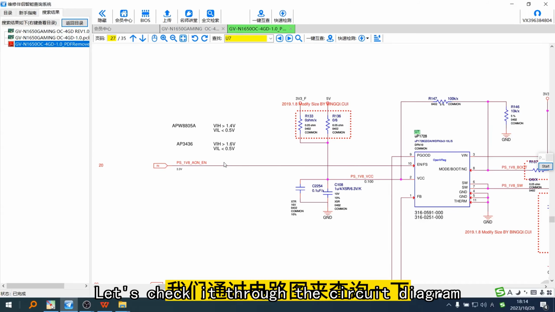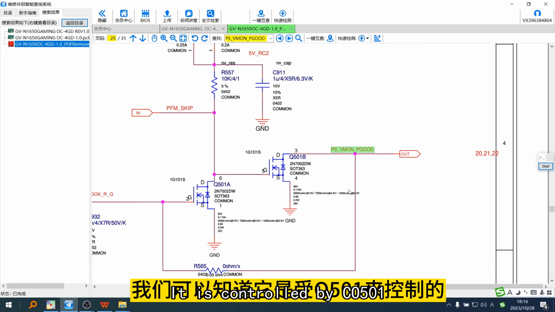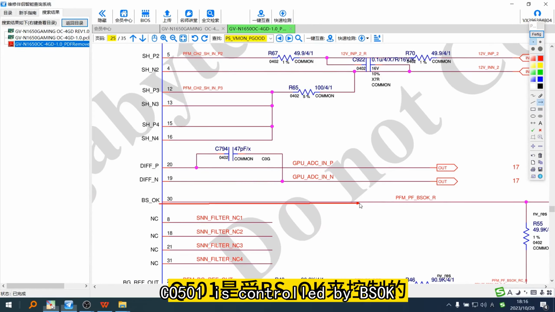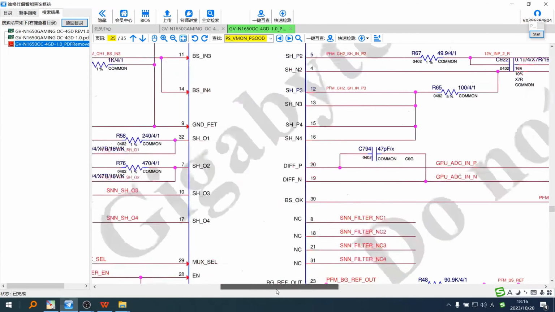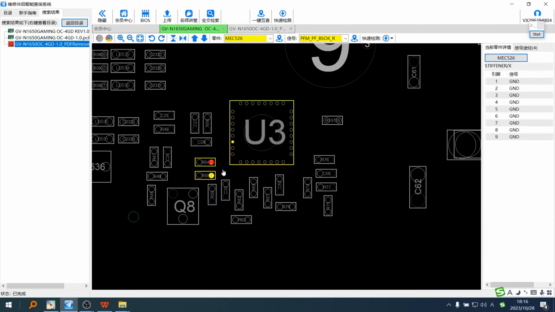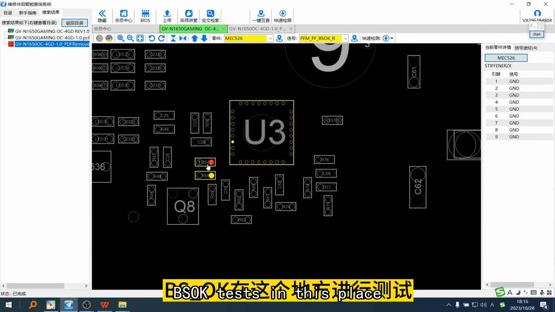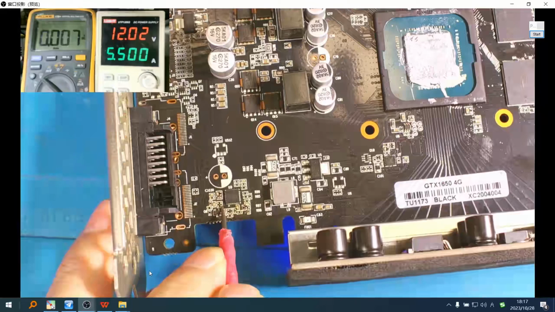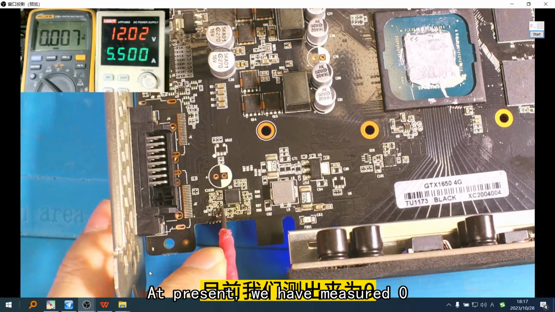Let's check the circuit diagram. Who sent this enable signal? By querying, we know it is controlled by CO501, and CO501 is controlled by PSOC. First, let's take a look at whether PSOC has a high level. PSOC is tested in this place. Normally, it should be around 3.3, but at present we have measured 0.